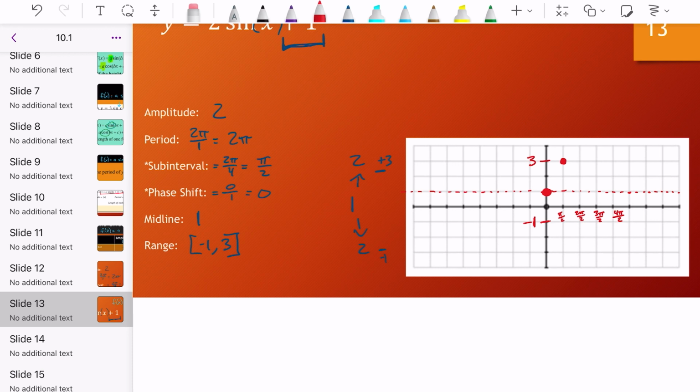It will hit that midline once again at 2 pi over 2. It will drop to negative 1 at 3 pi over 2. And at 4 pi over 2, it will once again hit that midline. You're going to go ahead and connect all of the dots to be able to show our sine function.